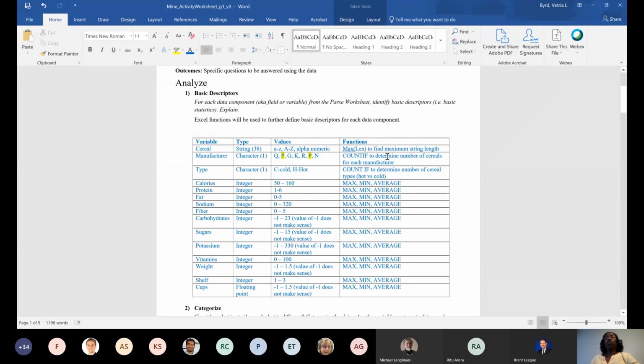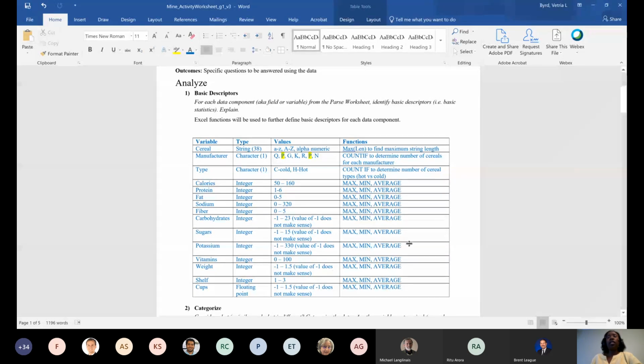The functions that I'm referring to are in Excel. Some of you may use R or RStudio or some other package where you may have different functions. This is a simple data set, but I would imagine the data that you're going to be working with is far more complex, and you will be using more complex functions.